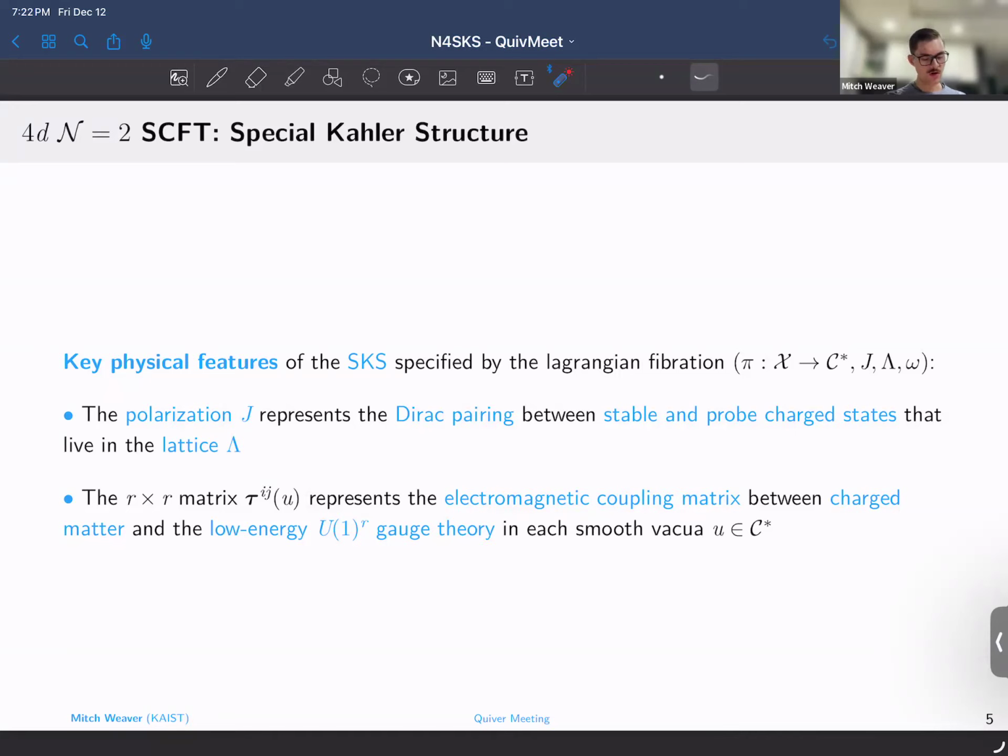And furthermore, the boldface tau here is what represents the electromagnetic coupling matrix between this charged matter and the low energy U(1)^R gauge theory that's defined. This defines the low energy effective action at each smooth vacua of the Coulomb branch.